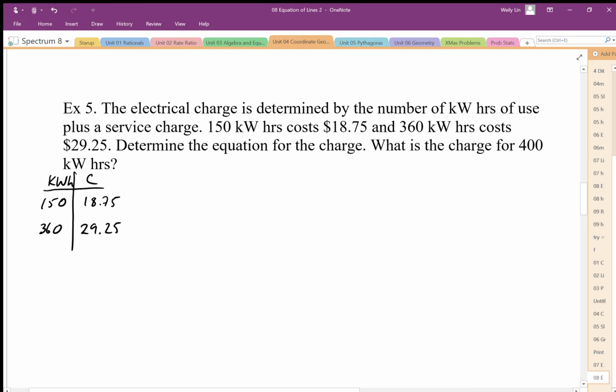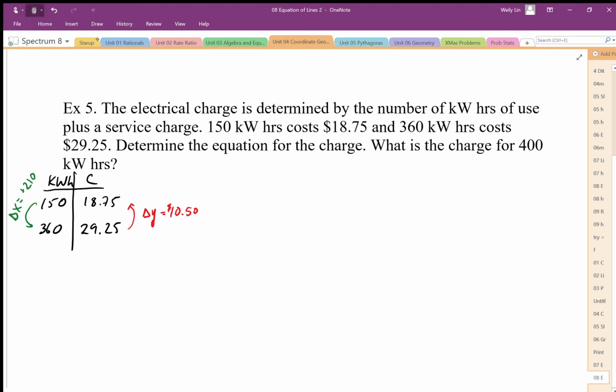Now if I want to find my change in x and my change in y, my change in x is going to be an increase of 210 kilowatt hours. My change in y looks like $10.50.